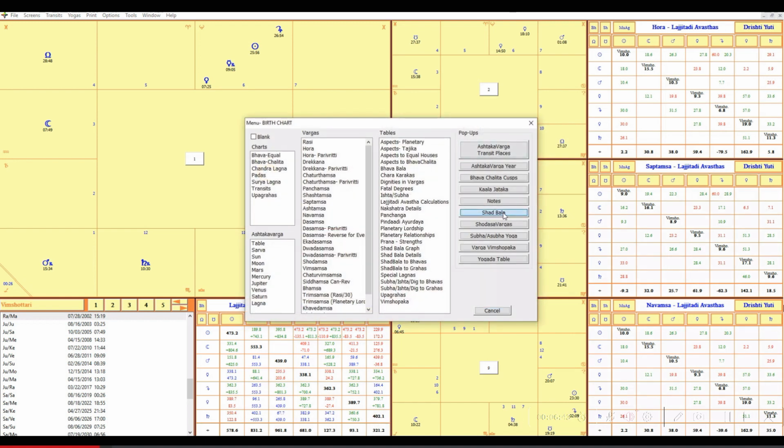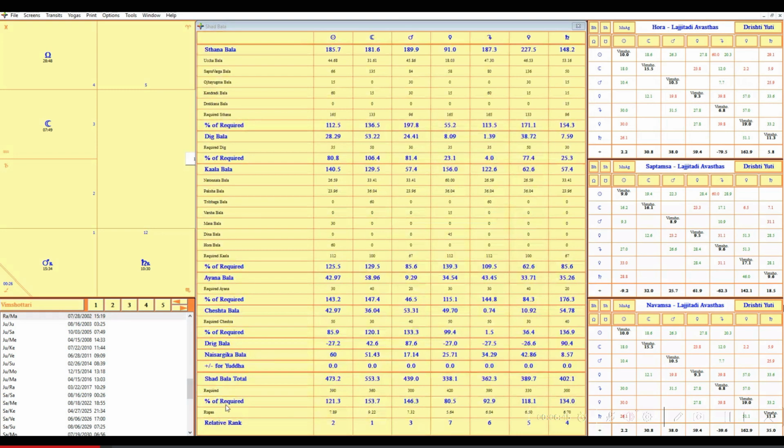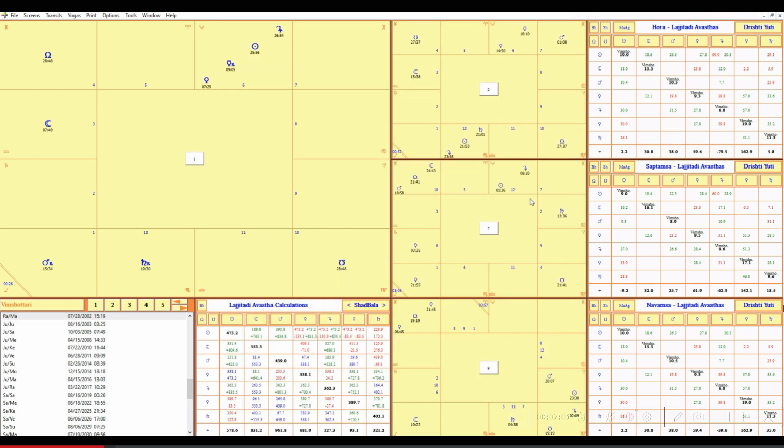If you pull up the Shadbala table, you'll see there's a percent of required, or the required. So the sun needs 390, Moon needs 360, Mars needs 300, Mercury needs 420, Jupiter needs 390, Venus needs 330, Saturn needs 300. So these are the strengths that each of the planets needs to fulfill its job.